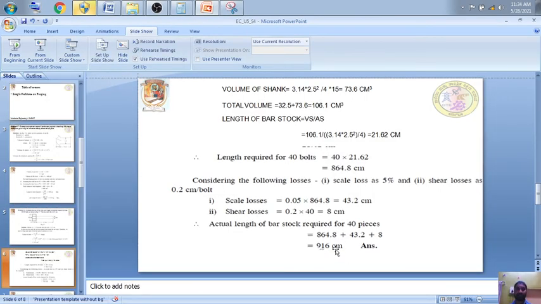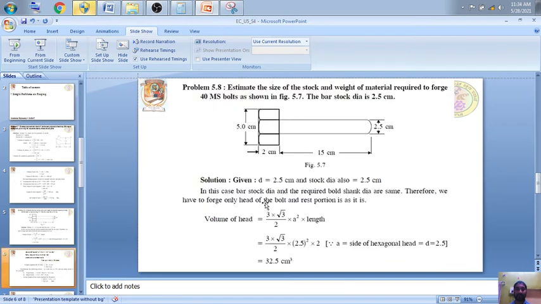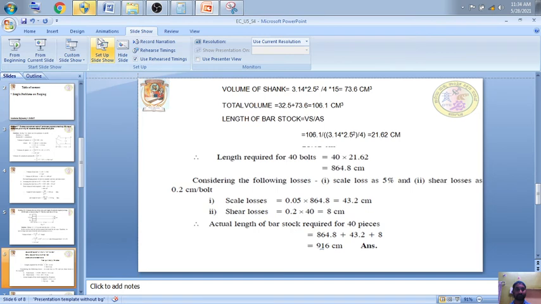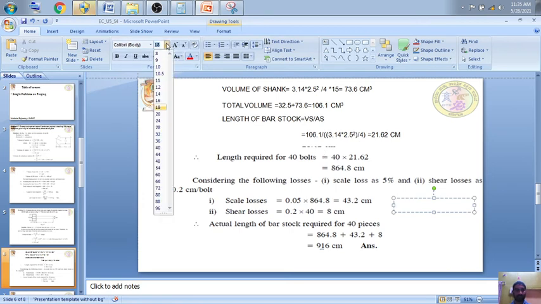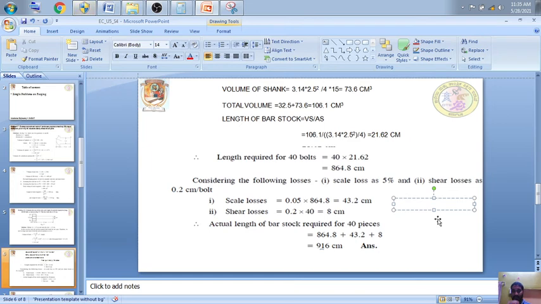This is the actual length of the bar stock required, and the diameter of the bar stock is 2.5 centimeter. The weight W equals volume multiplied by density.